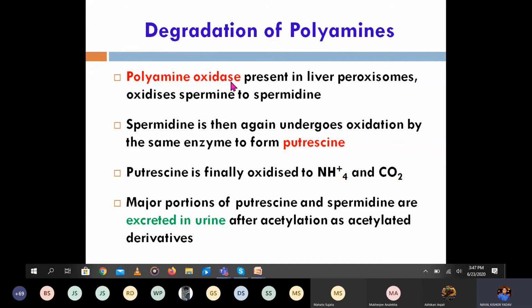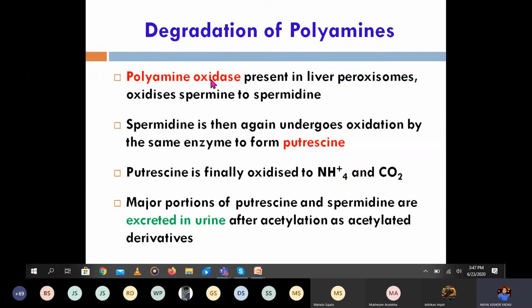This is present in the liver peroxisomes, and oxidizes the spermine to spermidine. Just reverse. Before it was from the putrescine, it formed the spermidine, then spermine. Now in the degradation process, from the spermine it forms the spermidine, then the putrescine, then finally it forms the carbon dioxide.